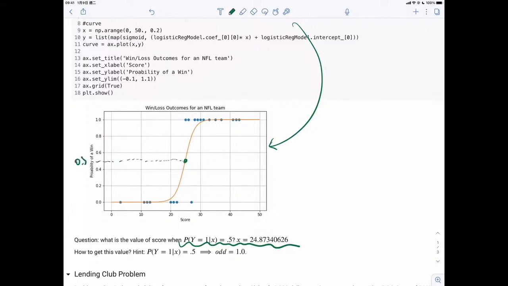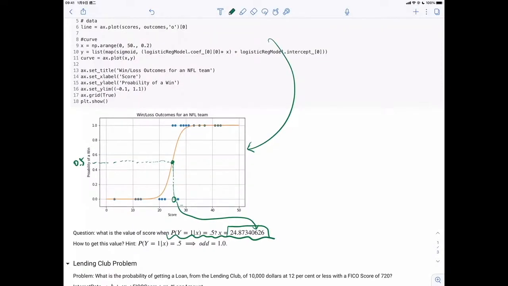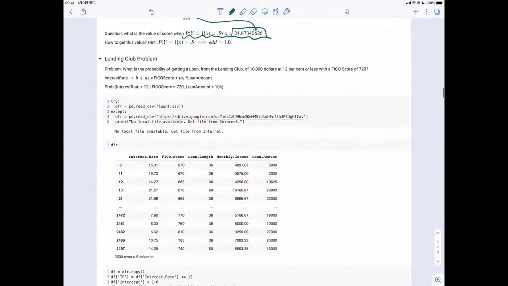So the actual data point right here is 24.8. So if you score 24.8 points, you have a chance to win. Let's take a look at some other example, and we will finish this one.